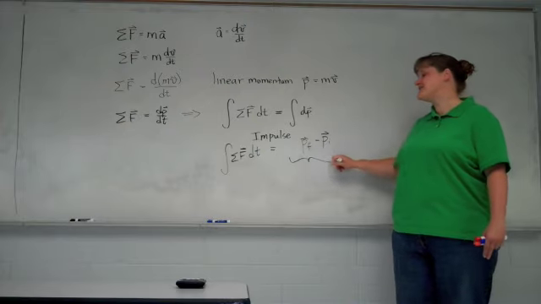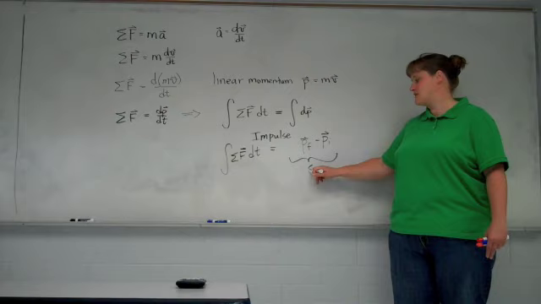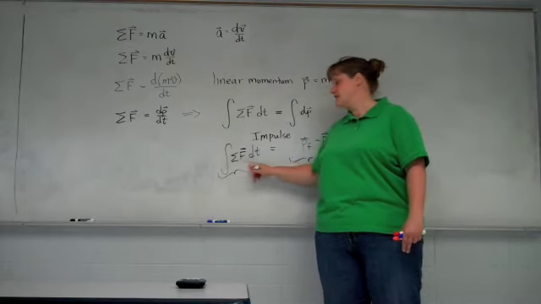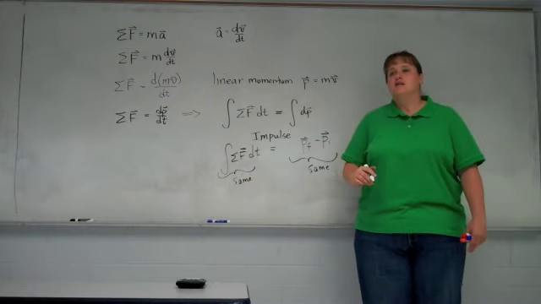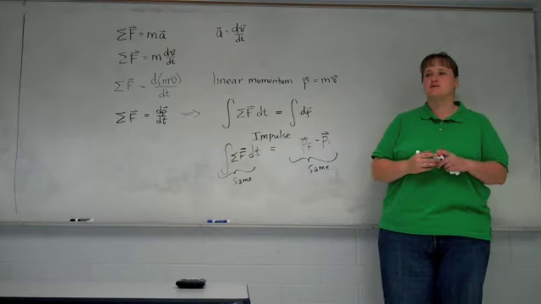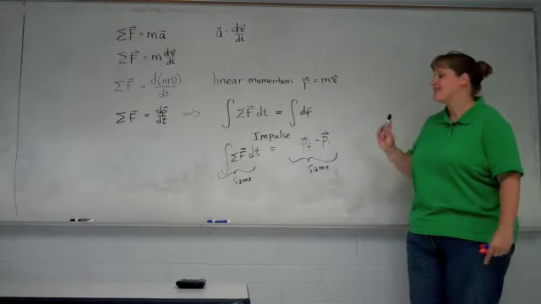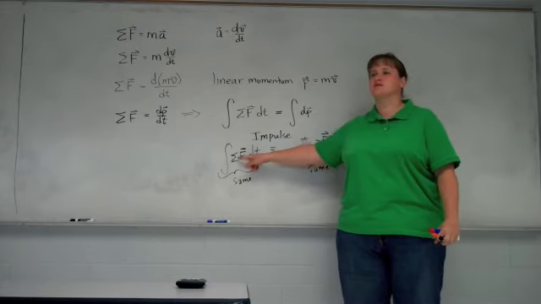So according to this side of the equation, no matter how I land, this is going to be the same. Which means this side has to be the same. So the total integral of force with respect to time has to give us one set value, regardless of how we land. The difference comes in these individual values.